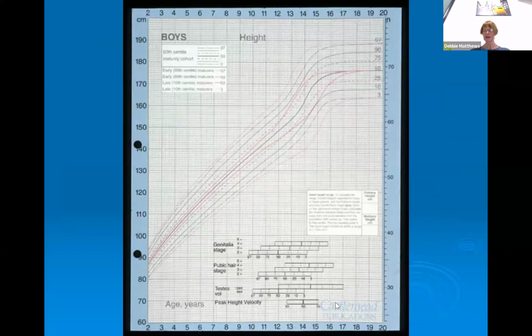And then we can plot these growth measurements, these height measurements, on a centile chart, such as shown here, which is a chart for boys between the ages of 2 and 20. And there are a number of lines on this. The heavy grey line in the middle is the average line, on this 50th centile, and the limits are the 97th centile, the tall ones, and the 3rd centile, the smaller ones.